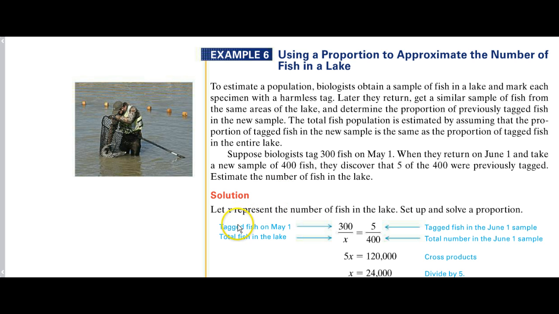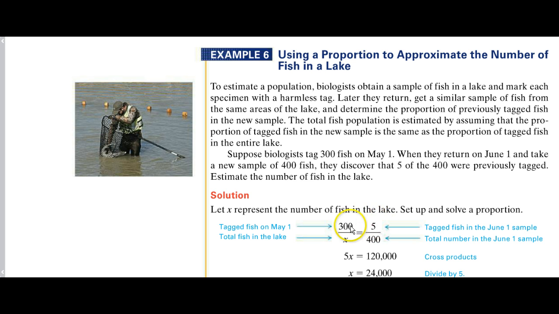So on your first date, you captured and tagged 300 fish. Then when you came back a second time, you saw out of the 400 fish that you caught, 5 of them were tagged.